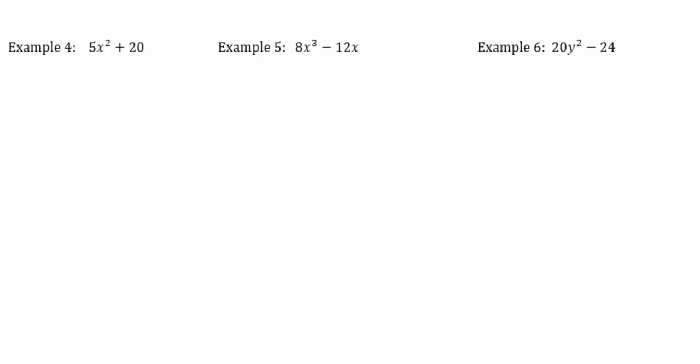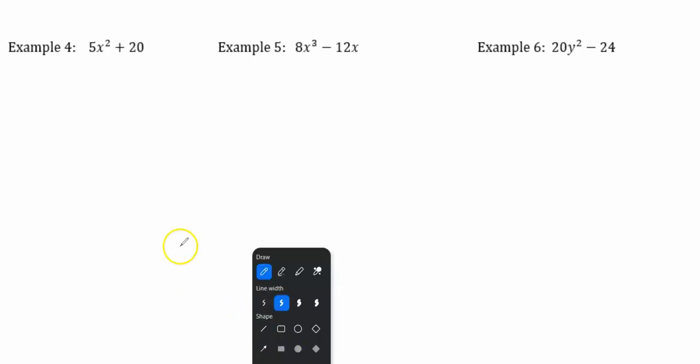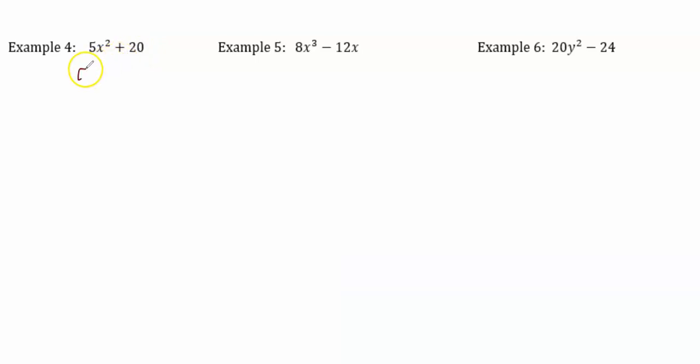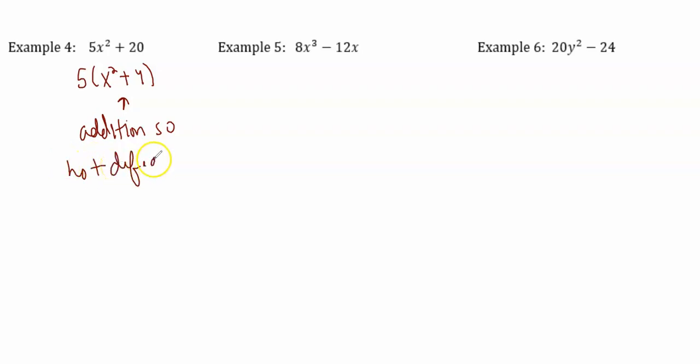We're going to look at some that may not be difference of squares. I'm going to pull out an x, or a 5. I have a binomial, 4 is a perfect square, x squared is a perfect square, but I have addition. So this can't be difference of squares. I'm going to pull out a 4x.